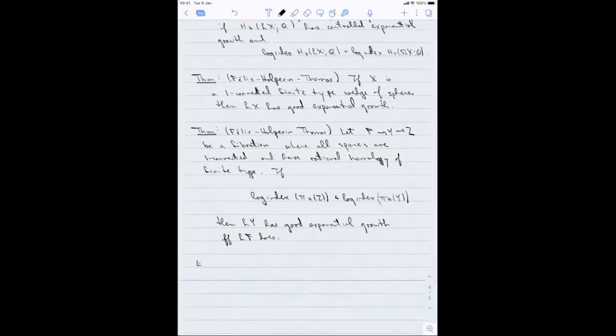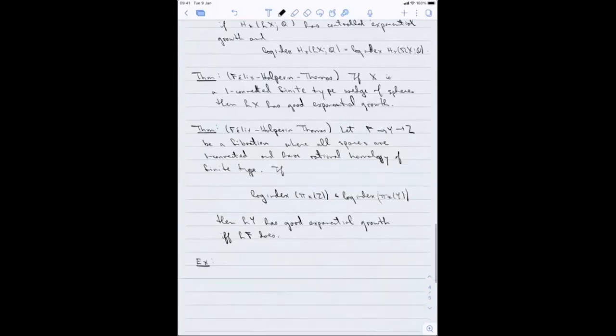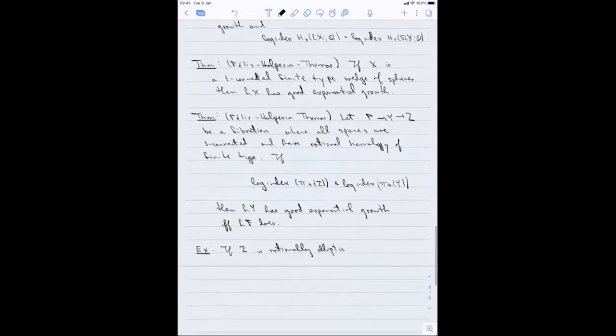So for example, if Z, the base in this fibration, is rationally elliptic, so it has finitely many rational homotopy groups, then its log index is 0.